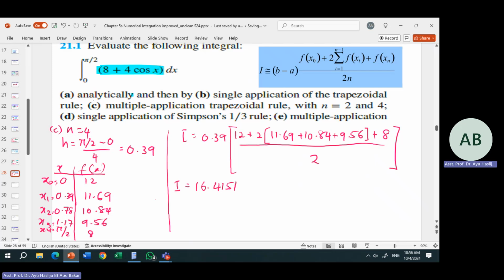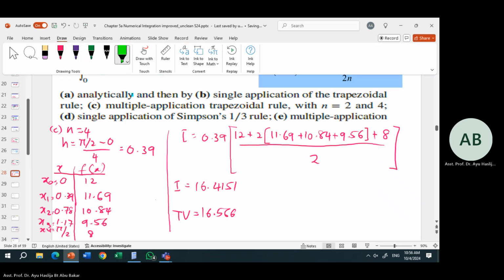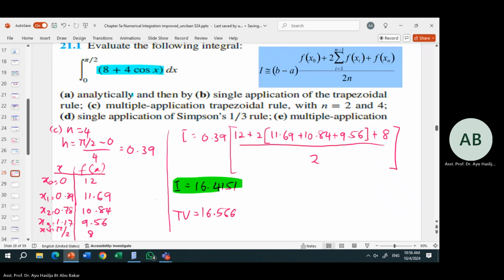Remember your true value just now is what? 16.566. Okay, so it is approaching the true value. That is your final answer.